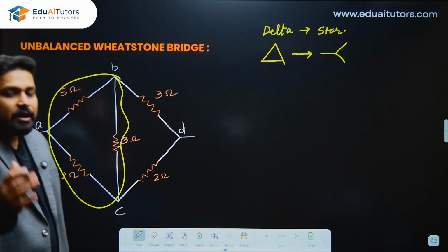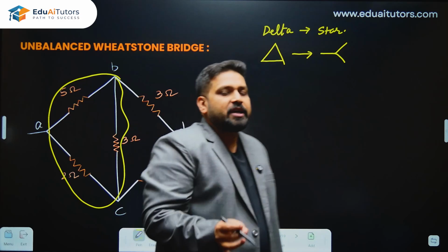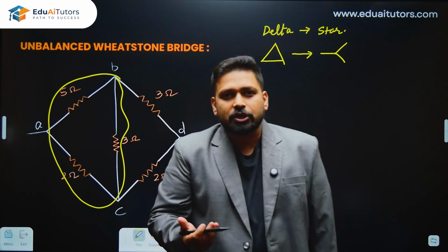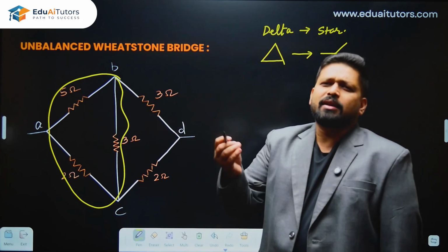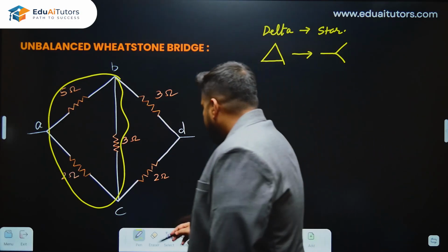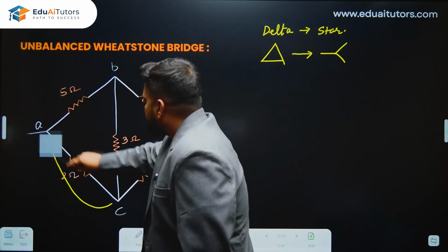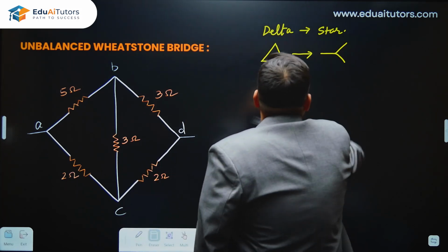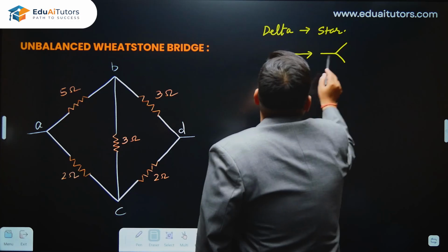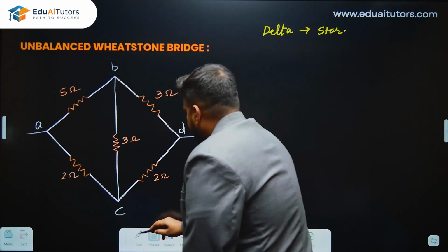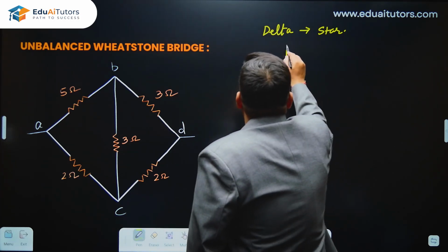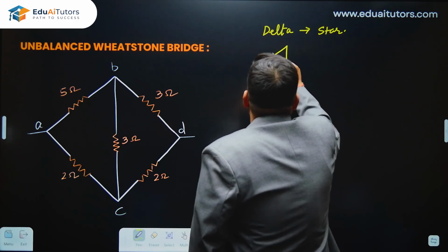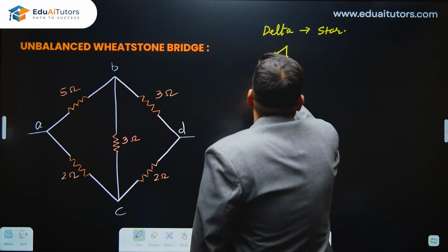So we are going to convert this circuit into a more simplified form, and by this method, you will be able to solve this in less than 1 minute. So let us see how we use this delta star conversion. To convert this circuit into this form, we have some sort of circuit like this, where you have resistance here, resistance here, resistance here.